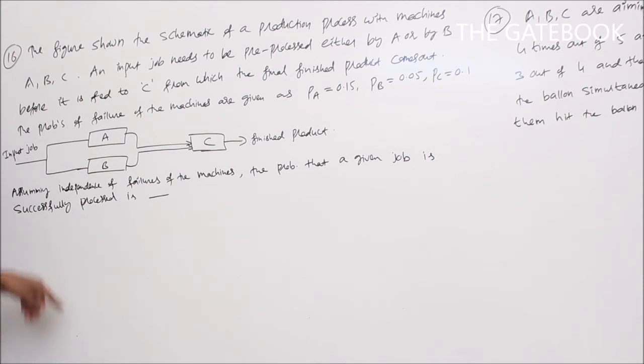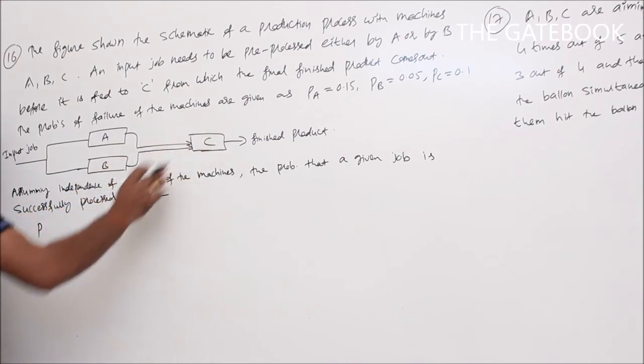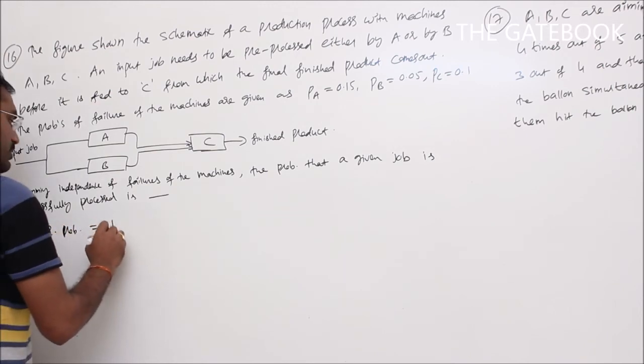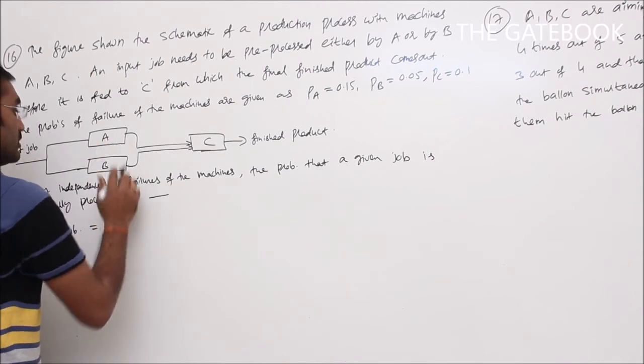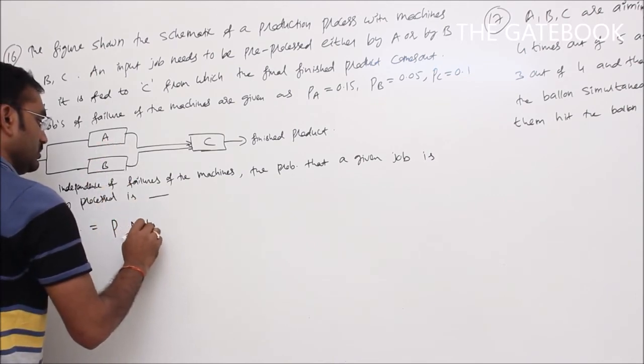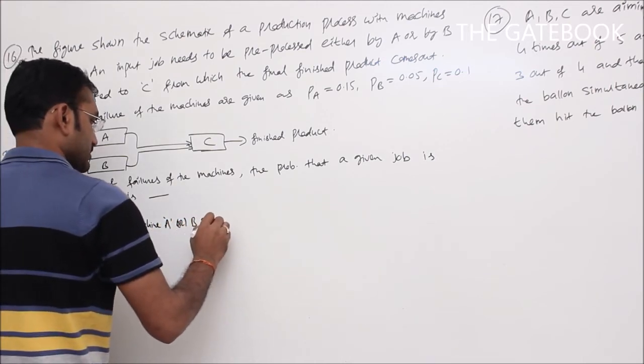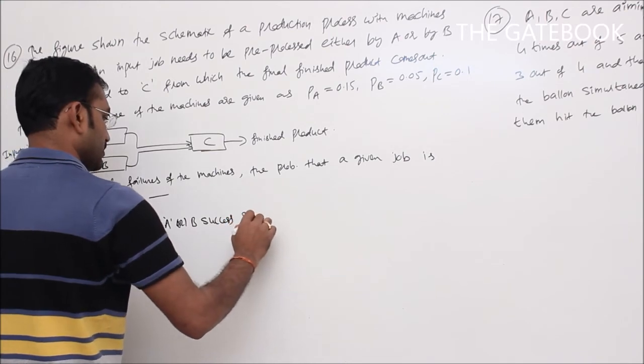Given job is successfully processed means we can do this problem in two ways. The probability that an input job is processed by C, that is the job is completed successfully, the required probability is equal to P of machine A or B success and machine C success.